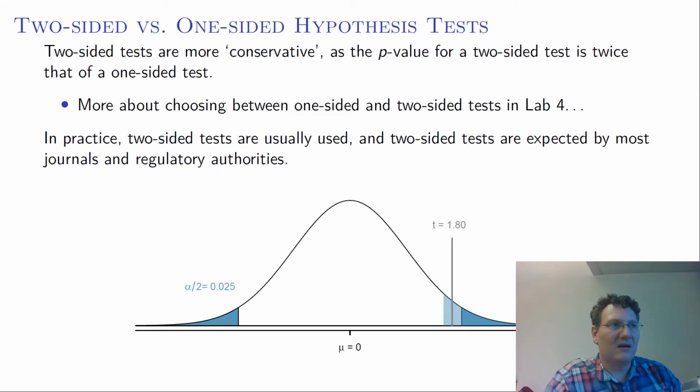You're making it less likely that you're going to reject the null hypothesis, and so you'd only use a two-sided test if you have no hunch about the parameter being greater than or less than some null value. If you just think it's different, but you have no idea about whether it's more or less, you'd use a two-sided test.